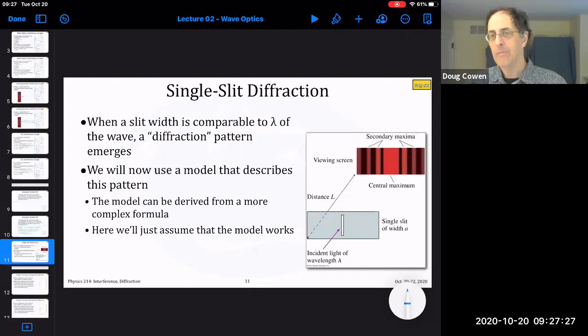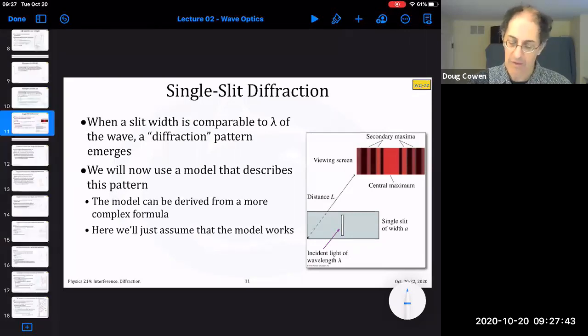The formula or that model can actually be derived from a more complex formula, but we're not going to go that deep into this here. We're just going to assume that the model works and use what it produces to understand and to predict what the pattern will look like when light of a wavelength comparable to a slit width goes through the slit and diffracts.